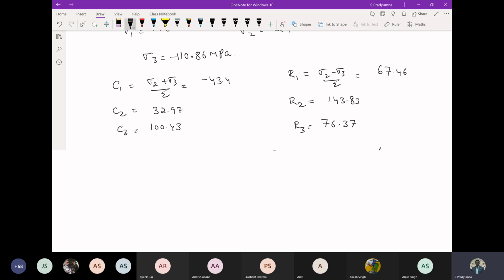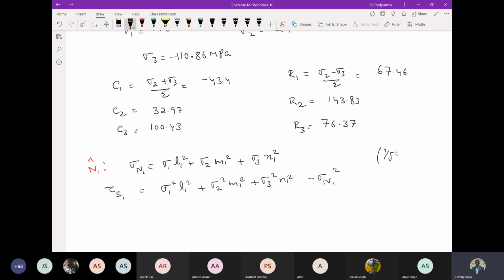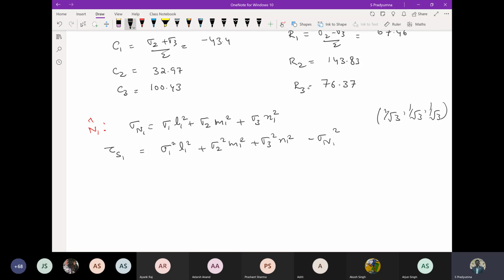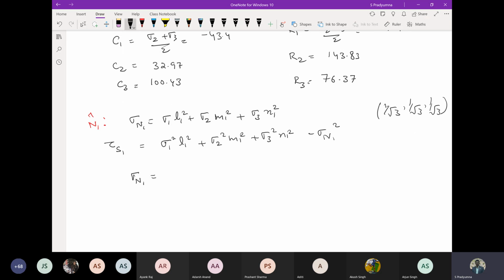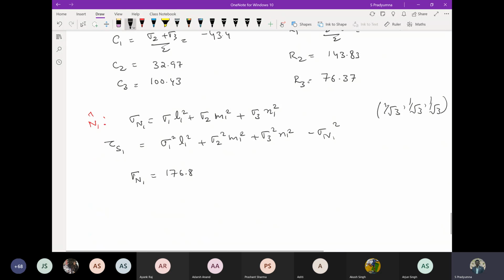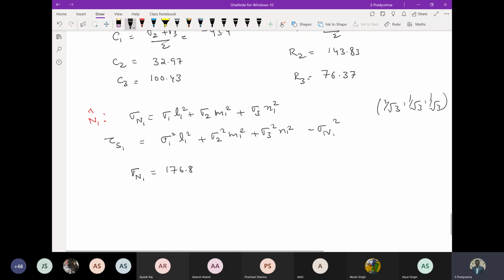This is corresponding to 1 by root 3, 1 by root 3, 1 by root 3. L1, M1, N1 is equal to 1 by root 3. Therefore, I find that sigma N1 is equal to 176.8, that is the value of sigma 1, into 1 by 3, plus 24.06 by 3 minus 110.86 by 3.